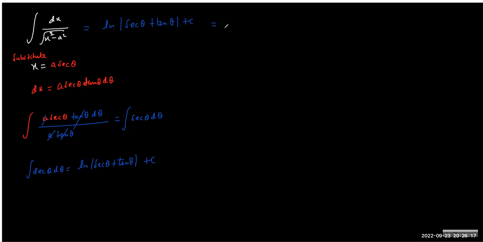But we want the answer in terms of x, so sec theta I can write as x by a. Tan theta I can write as under root of x square by a square minus 1, and then again I can write as ln x by a plus under root of x square by a square minus 1.